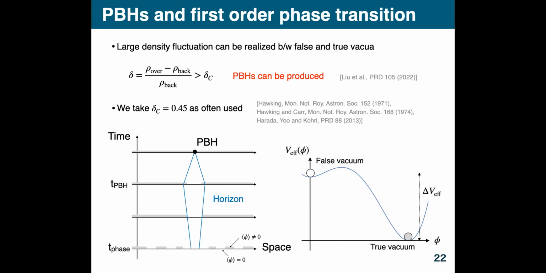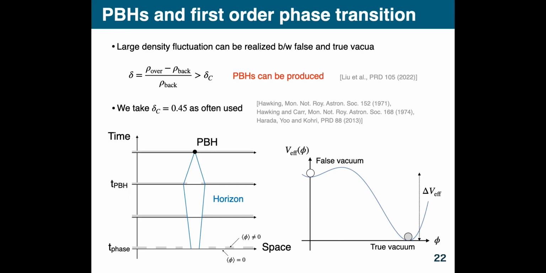As the temperature of our universe cools down, almost all space experiences the phase transition, as shown in this figure. However, there is a possibility that the phase transition does not occur in the whole horizon.